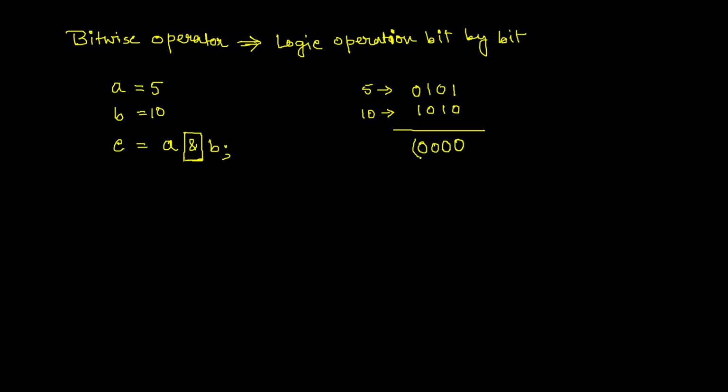And this binary 0 is now converted to decimal, and we know that binary 0 is 0 in decimal also, and that will be the output of c. So if you print c here, you will get output 0. That is the difference between a bitwise logic operation and a simple logical operation.